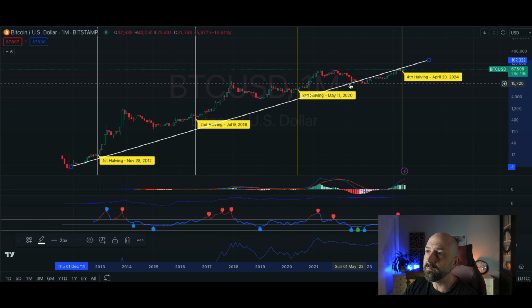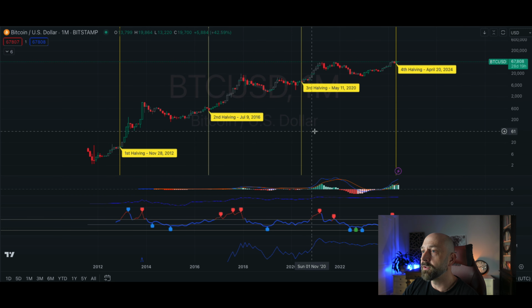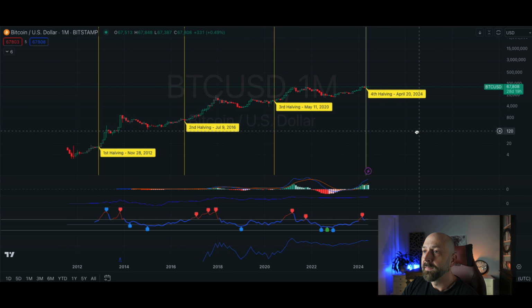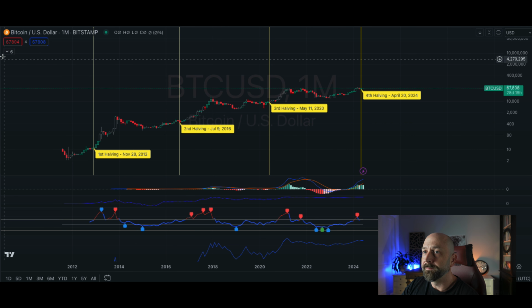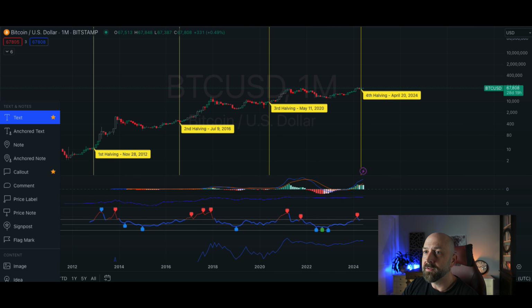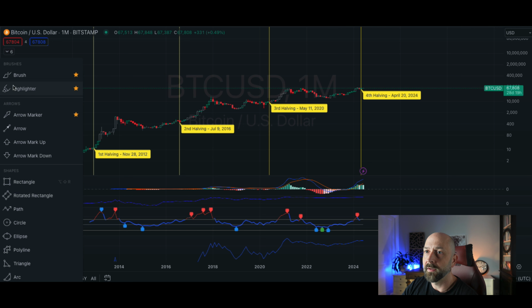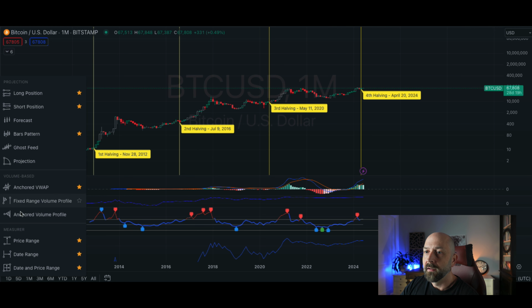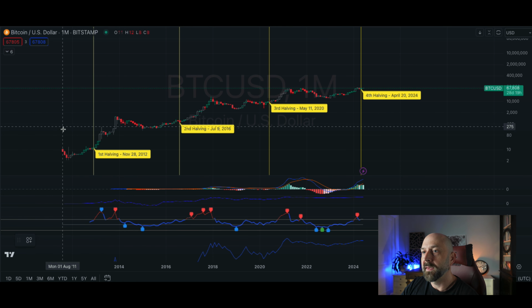A couple of things with structure I want to point out with logarithmic charts. If we look at the previous cycles, let's have a look at the bottom of a cycle to the top.